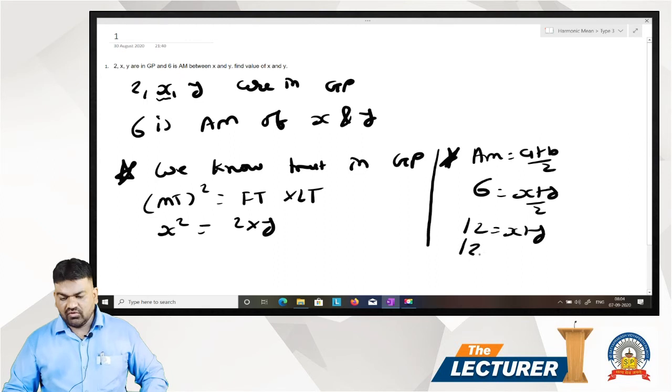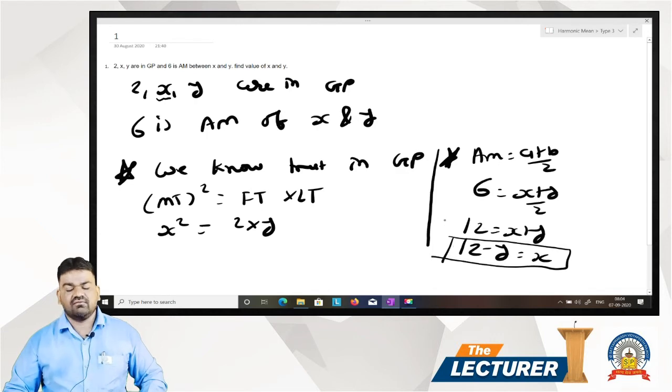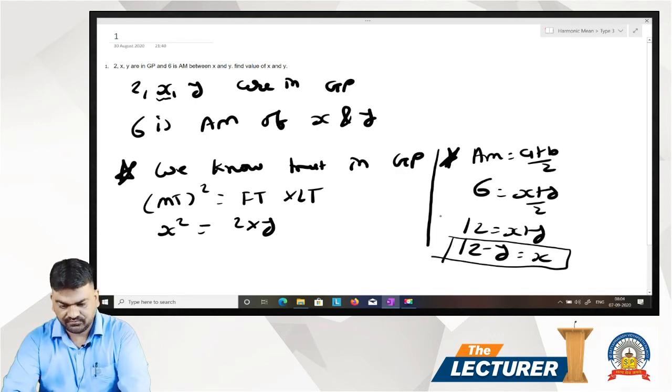So what is x? 12 minus y is equal to x. x is equal to 12 minus y.